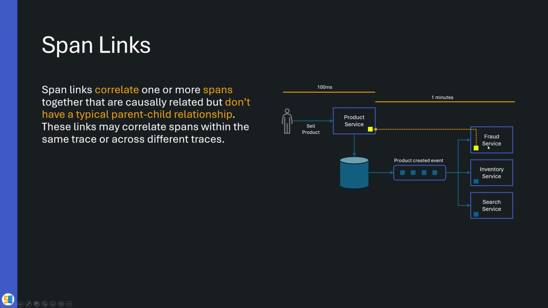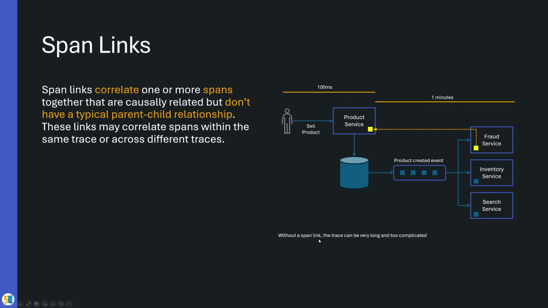Even though the parent trace is different, with span links, when we visit the fraud service trace, we can check who generated this trace before, right? We can click that link, and that link will take us to this trace ID. So we can see the causality, not with the parent-child relationship, but with span links.